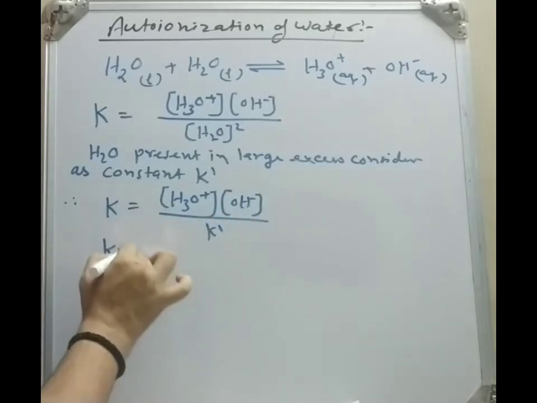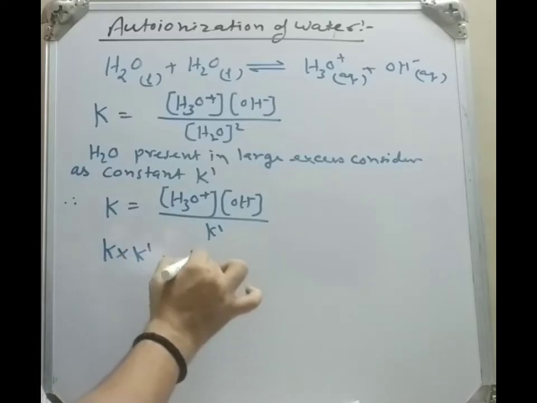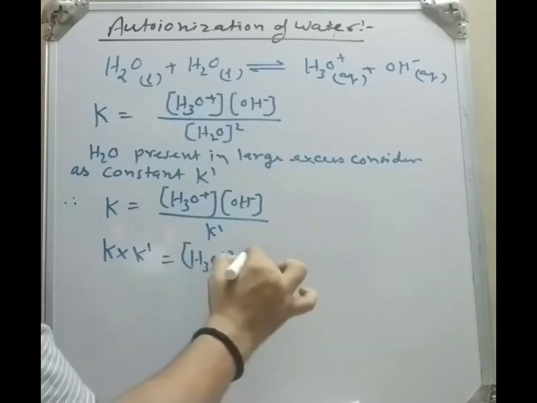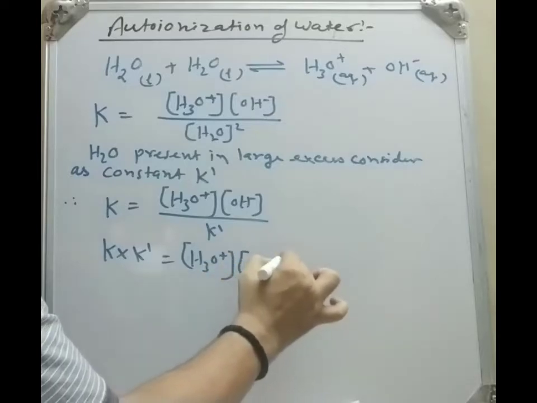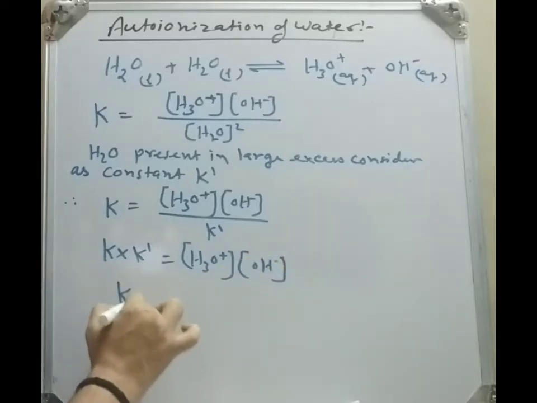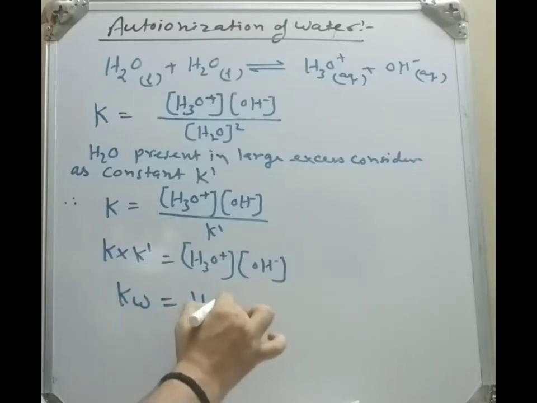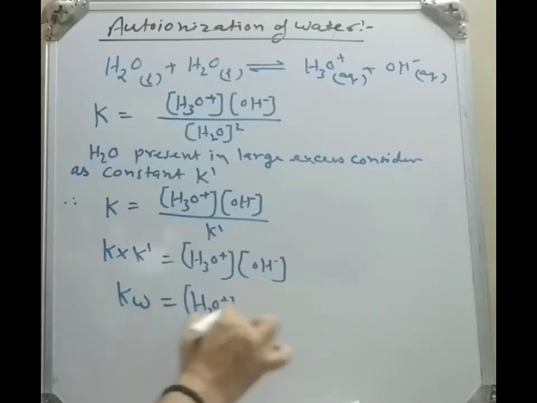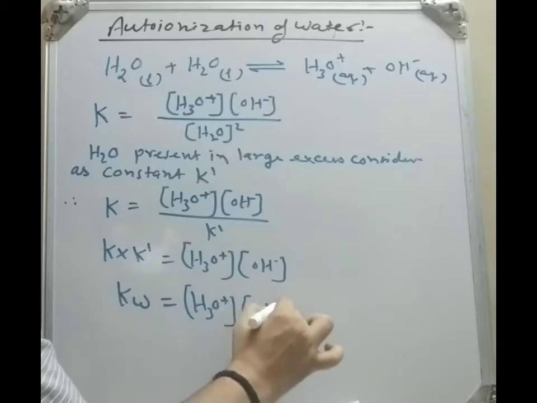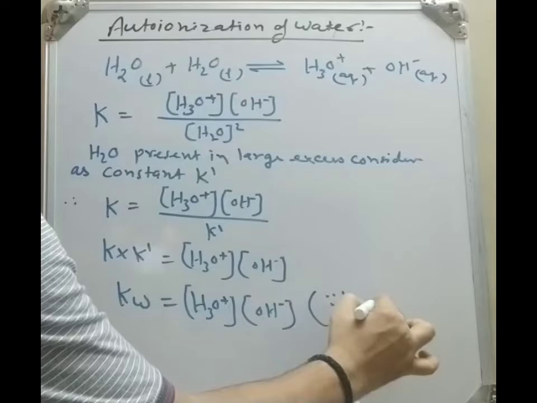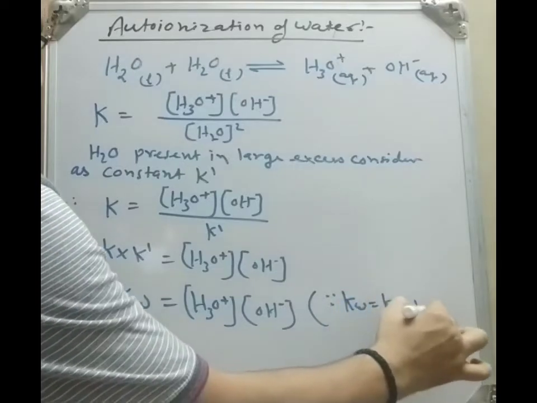Now K dash will be taken to this side, so K into K dash is equal to H3O plus concentration into OH minus concentration. That is equal to Kw. Kw is the product of K and K dash. So Kw is equal to H3O plus concentration times OH minus concentration.